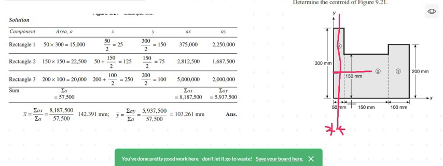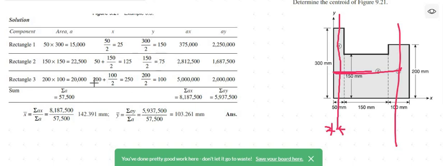What is the distance? 50 plus 150 divided by 2. What about x3? From here to this distance is your x3, local axis. So 50 plus 150 plus 50 by 2. This is how we have to calculate x1, x2, x3, a1, a2, a3.